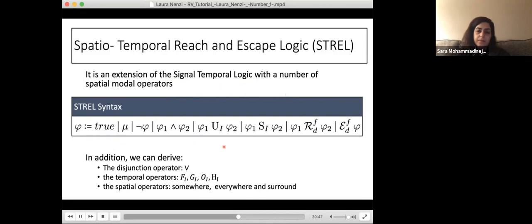Here we can see the syntax of STREL, where true is the Boolean true constant, mu are the atomic propositions, then we have negation, conjunction, the temporal operators until and since, and then you have the spatial operators reach and escape. Then we can derive other operators: the disjunction operator, the temporal operators eventually, globally, once and historically, and then the spatial operators somewhere, everywhere, and surround.